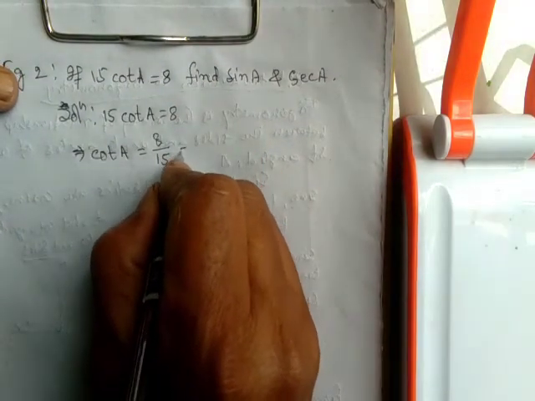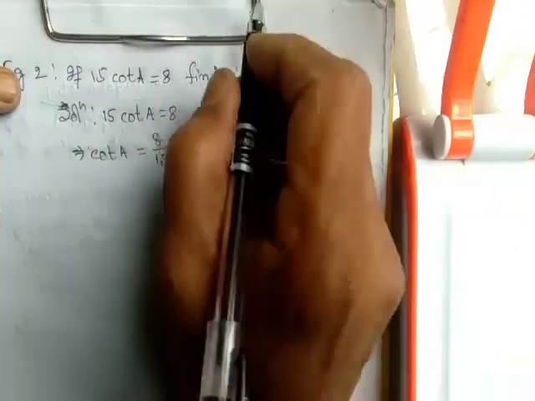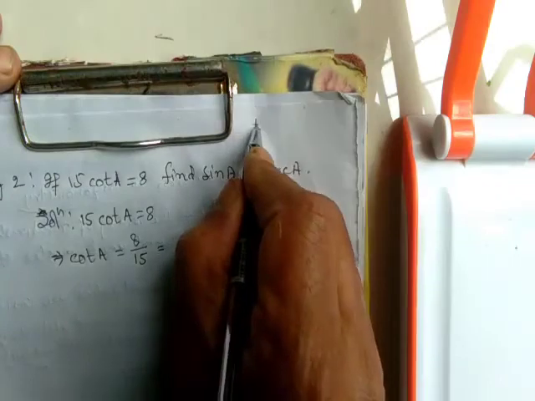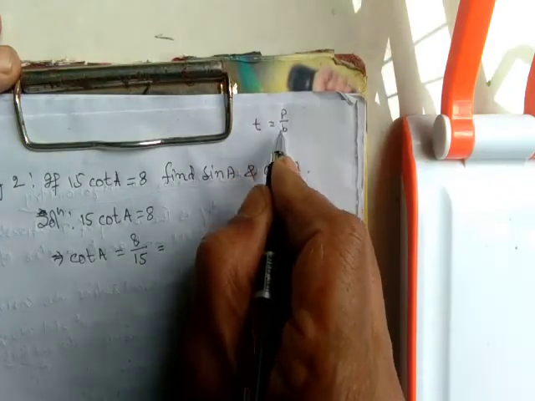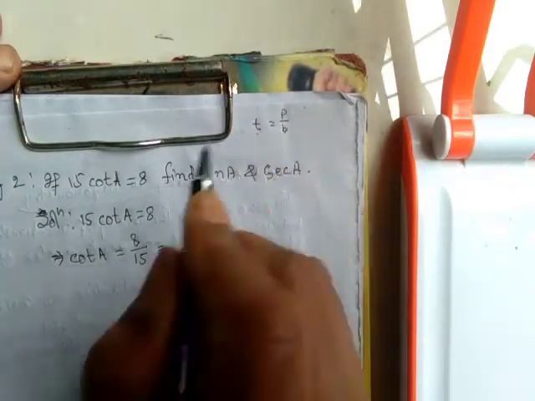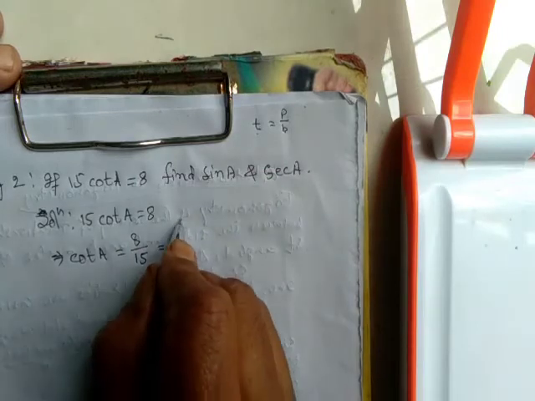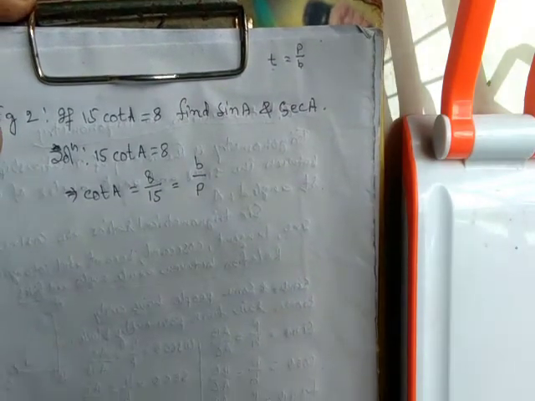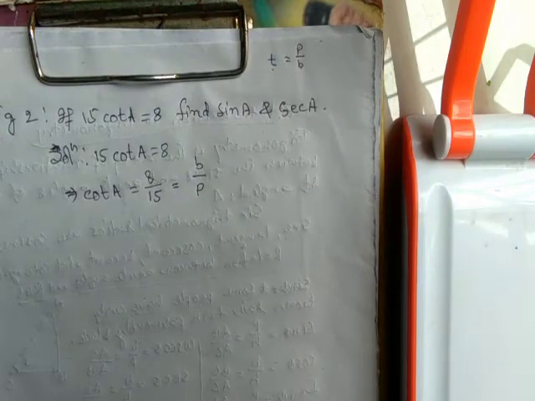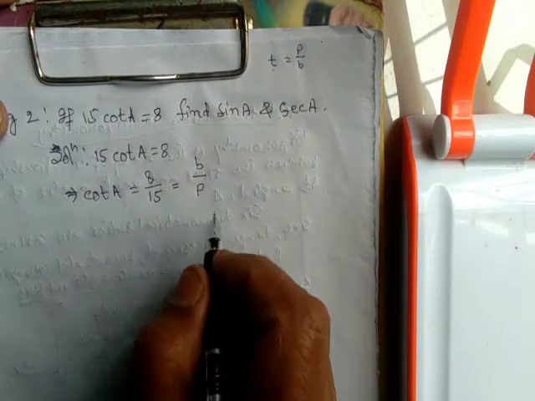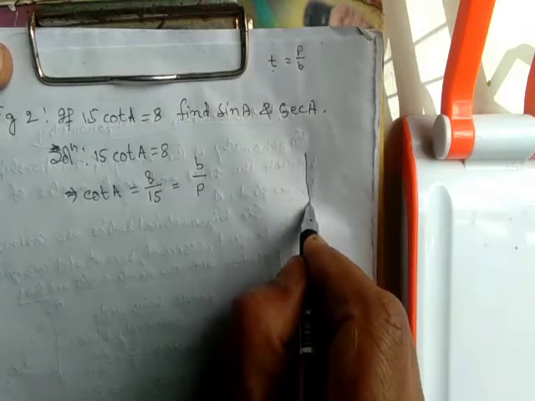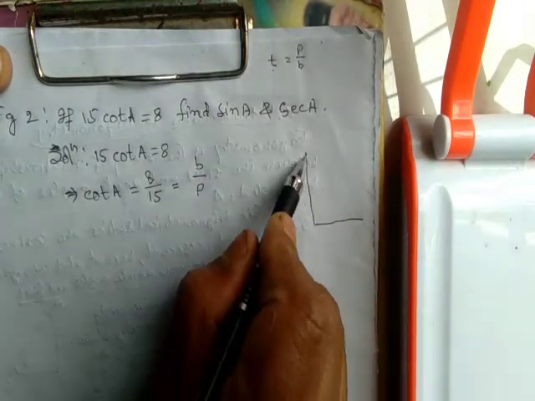Tan theta is equal to P by B, then cot theta is equal to B by P. I am drawing one triangle here, wait, at first, then it will be clear to you.